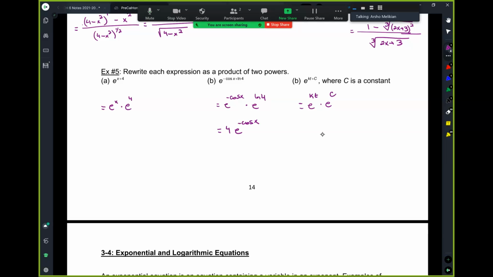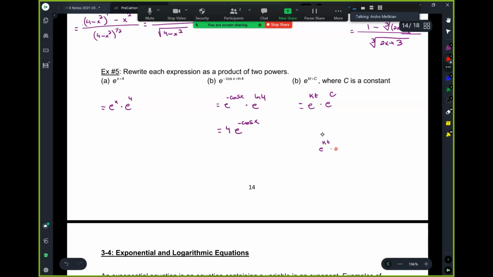So instead of e to the c, can I just write that as some constant? Give me a symbol to represent a constant. Like a letter, any letter. F, alpha, A, omega, right?